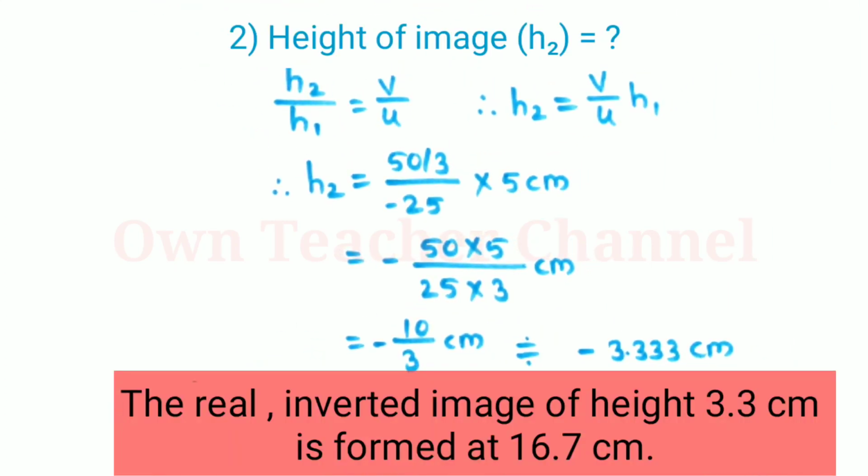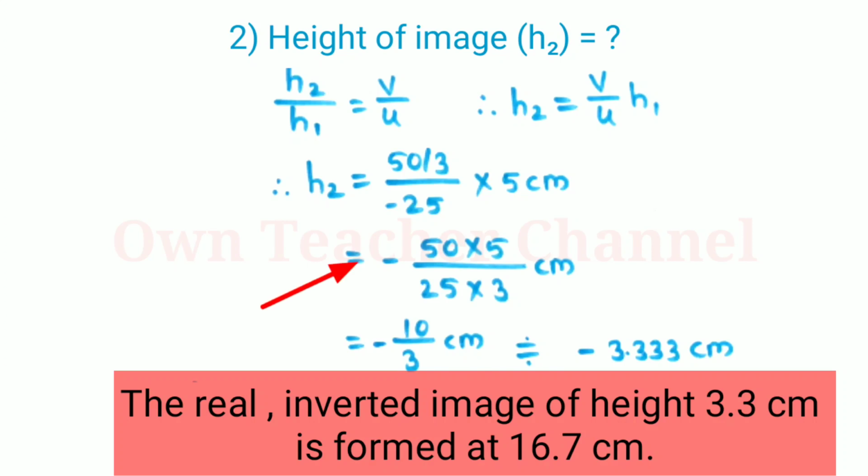Now we will find out height of image. Our formula is h2 upon h1 is equal to v upon u. That means h2 is equal to v upon u into h1. We will keep the value. h2 is equal to 50 upon 3 upon minus 25 into 5 centimeter.